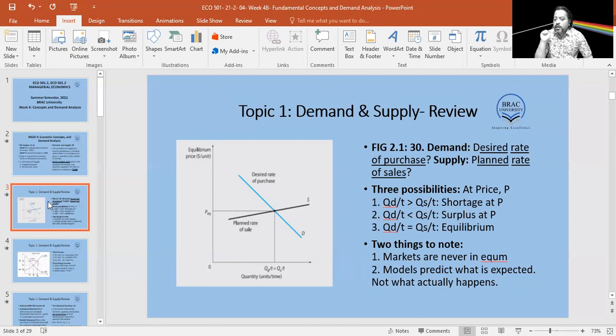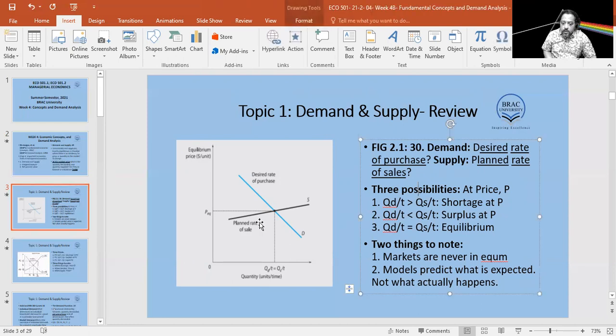That's why the demand and the supply curves are not what actually people end up buying or what firms end up producing. Desired rate is what households are planning to buy. Planned rate of sales is what firms are deciding to sell in the next time period. Now, there are 3 possibilities.